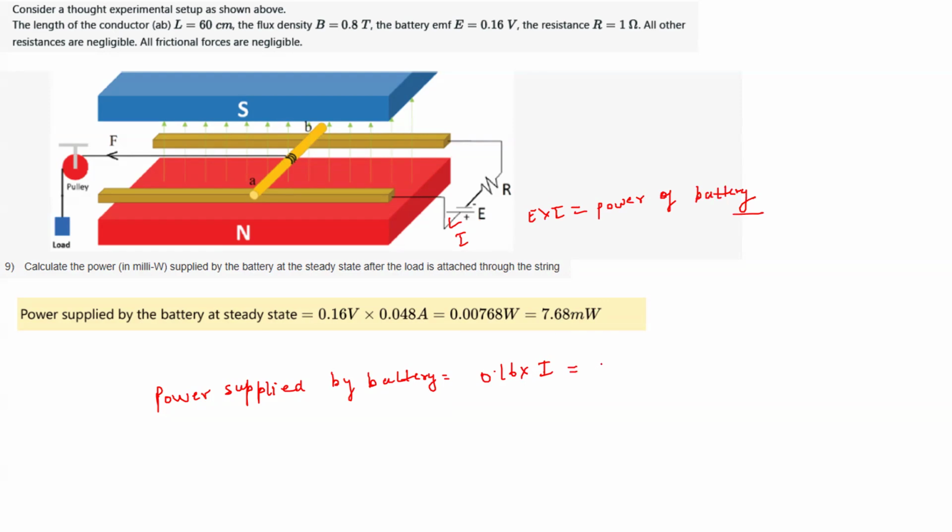And I we have obtained from the previous question for this pulley system. So you will find it to be like this. Okay, so this is how you will find the power supplied by the battery.